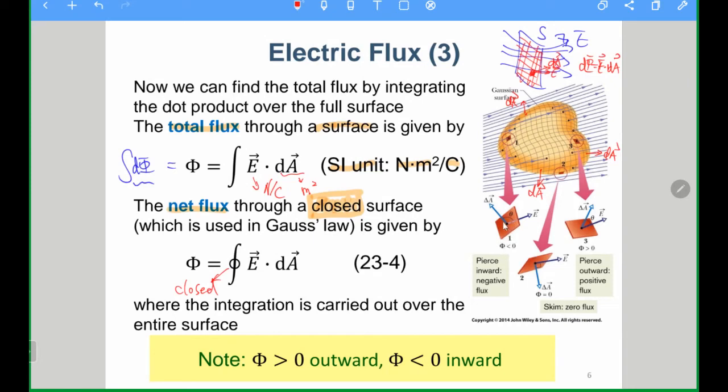Here the net flux means 径通量. It somehow counts how much E field is pointing outside or inside the surface. The physical meaning is something like this.